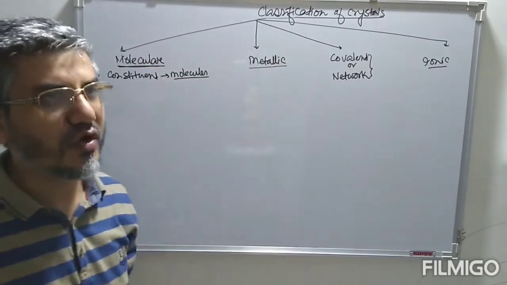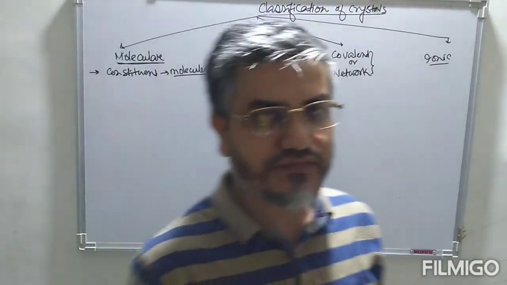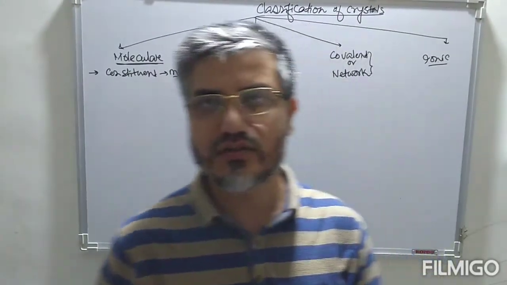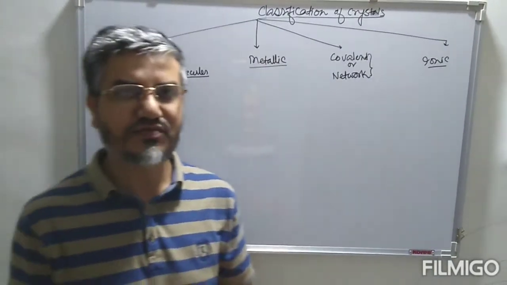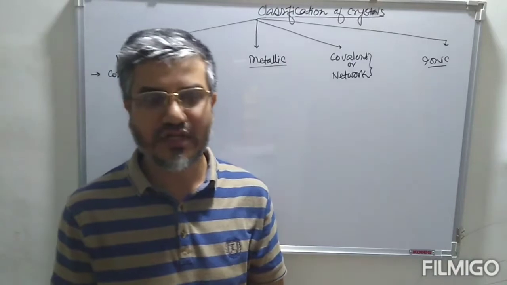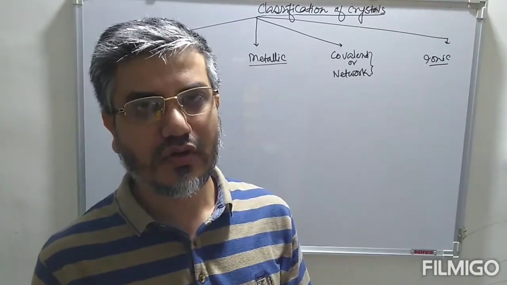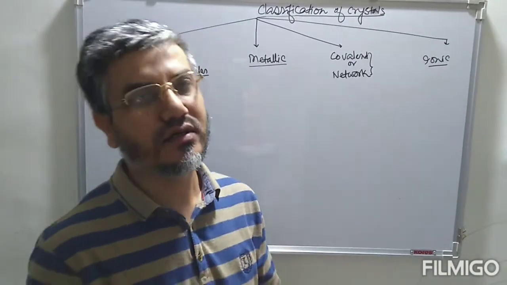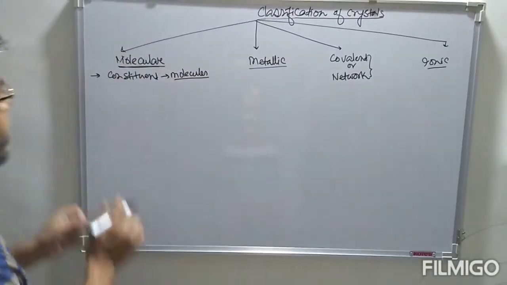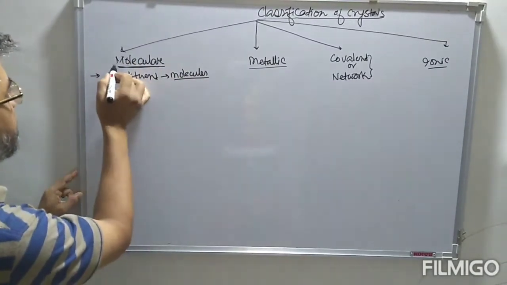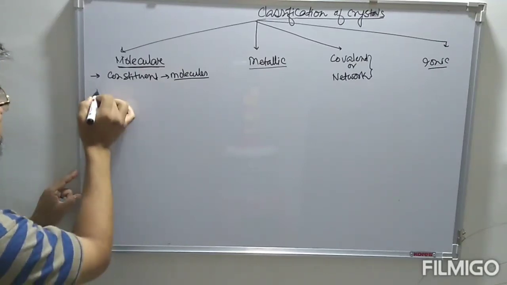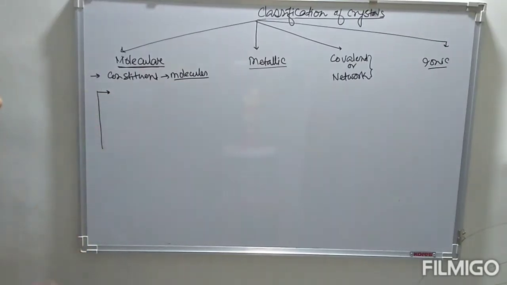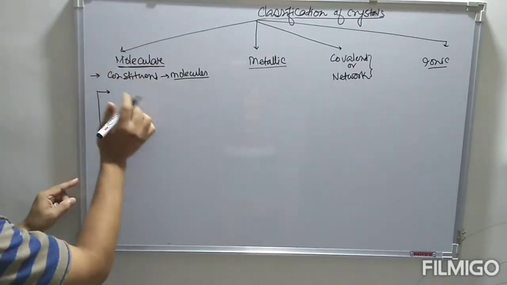Since we are having molecules, the attractive force between the molecules will be either van der Waals force or London dispersion force or dipole-dipole interaction or hydrogen bonded system. Based on this, these molecular crystals are classified into different categories.